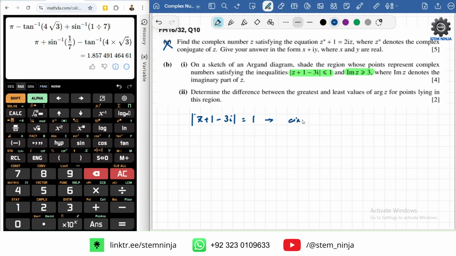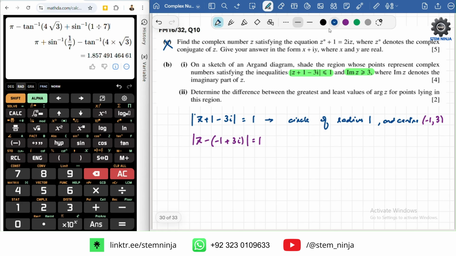It's a circle of radius 1 and center. Remember the opposite sign. So basically this is z minus 1 plus 3i equals to 1. So center would be minus 1 and 3.